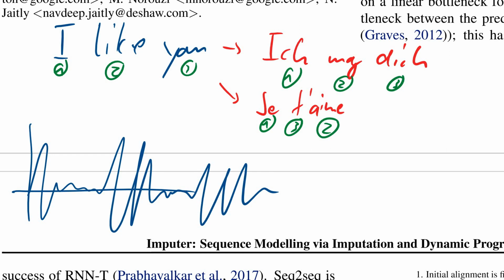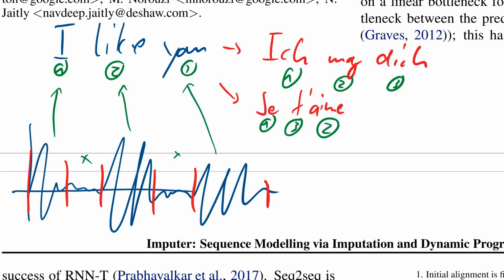Let's say this is a sample right here, and here is a break, here and here. So we have 5 samples on the bottom. And you can see pretty easily that this sample here is the I, then this is silence, this is the like, this is silence, and this is the you.